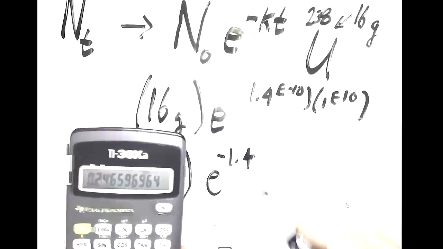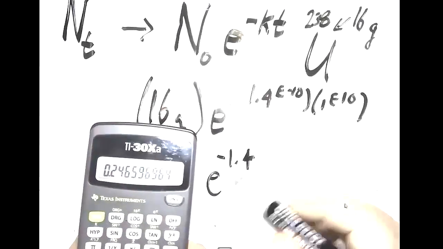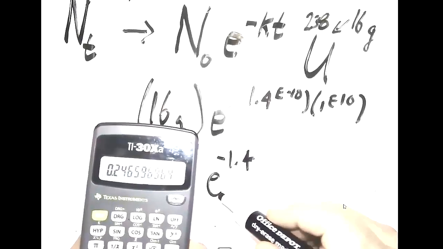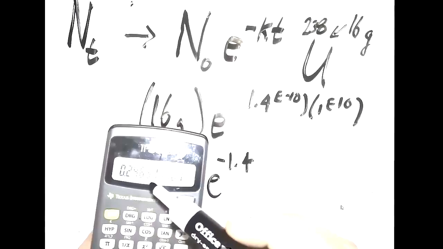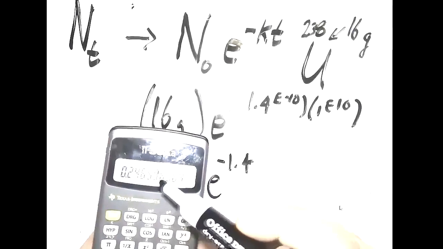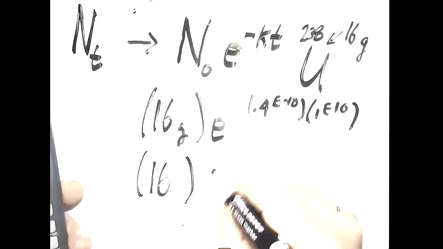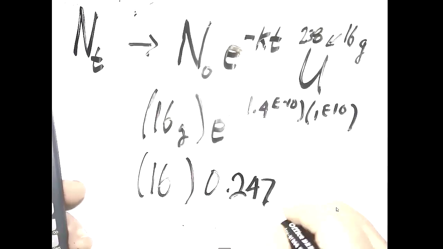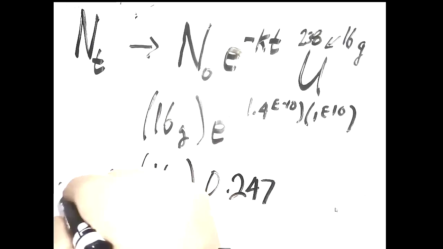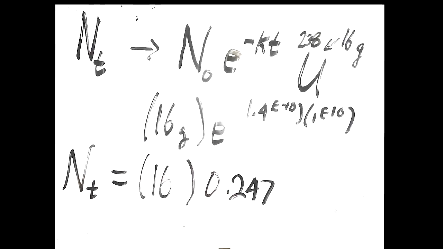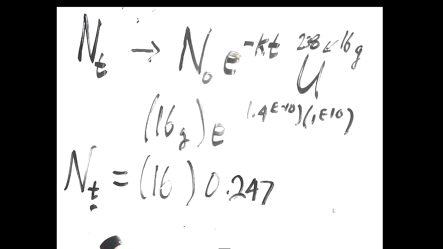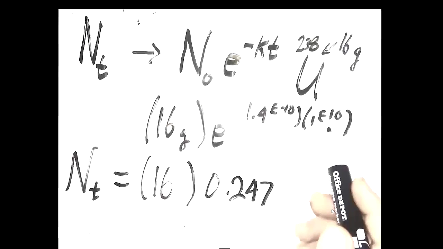When we take that number, negative 1.4, and we raise the constant e to that power, it becomes 0.246. I'll round it upwards because we got a 5 and 9. We'll call it 0.247. So this is now just 0.247 times 16. And that's going to tell us how much we're going to have in grams after 10 billion years.